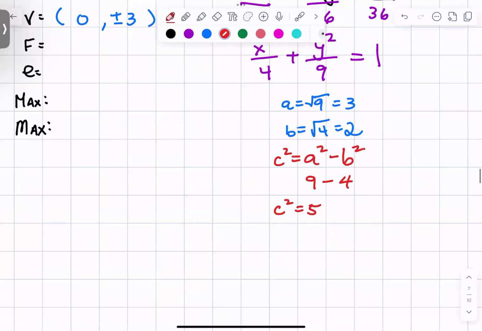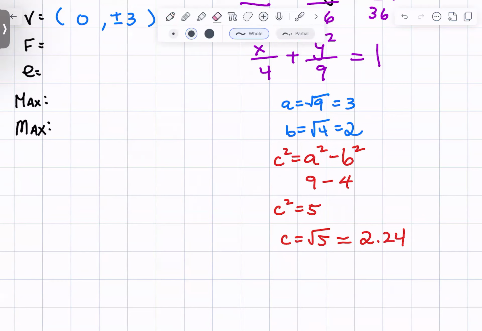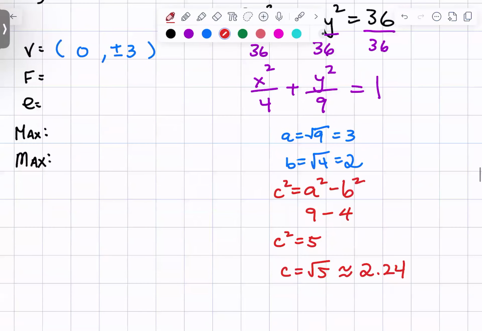So c equals square root of 5, which is approximately 2.24. So my foci are 0, comma, plus or minus 2.24.